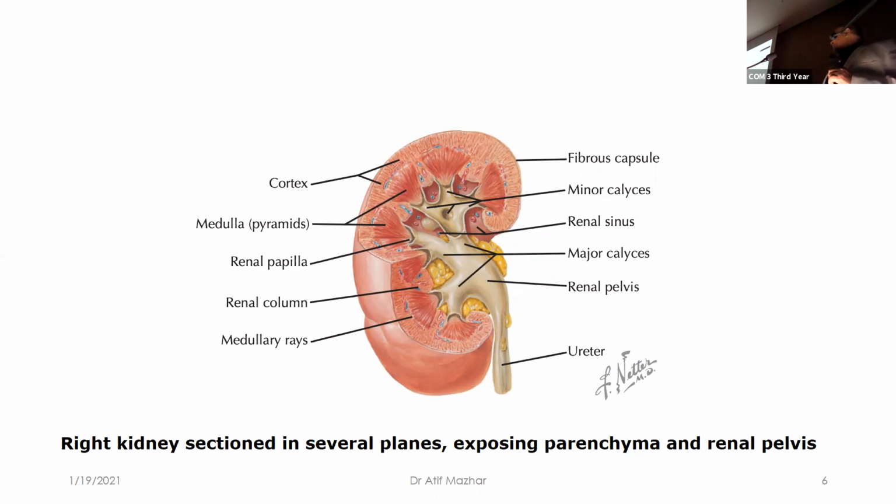So ultimately, what you have to remember is that all the waste products from the kidney, which have to be excreted out of my body, reach this club-shaped structure, the renal pelvis, and primarily three major calyces, upper, middle, and lower, are draining and connecting to my renal pelvis, and the renal pelvis continues as the ureter. The ureter is a tube which takes away unwanted stuff, which has been ultrafiltrated, separated out from the blood, and then it has to go out in the form of urine.